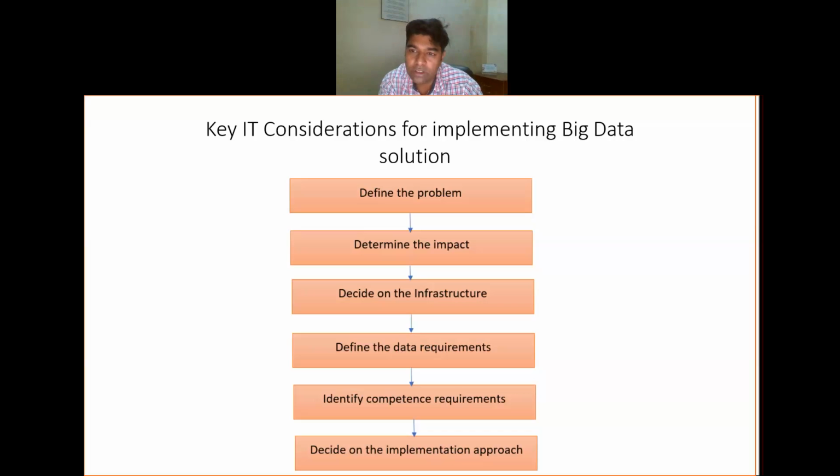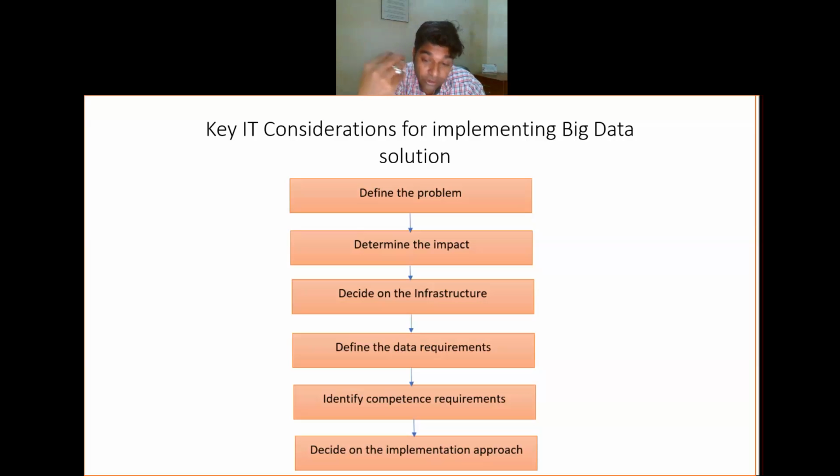These are the technologies in use in 2016, like Hadoop and others.